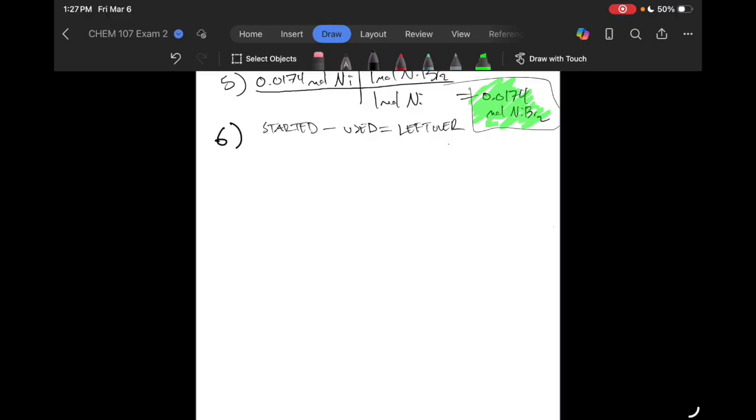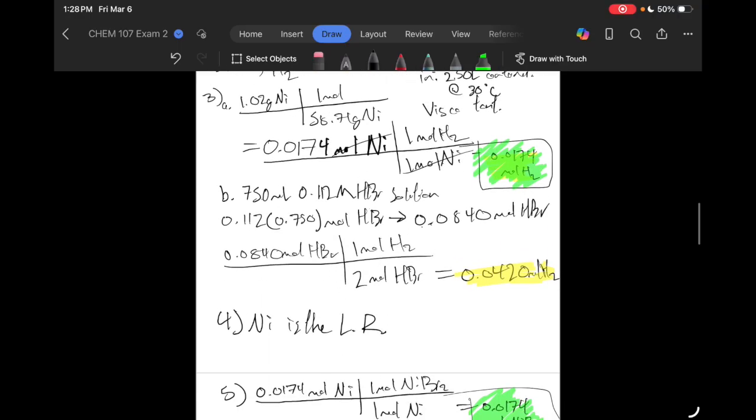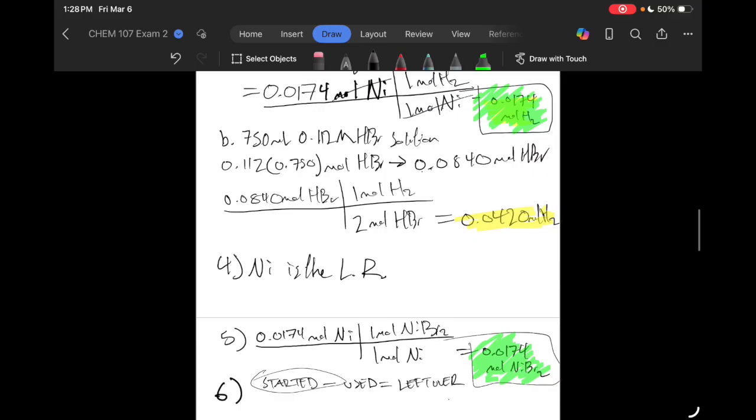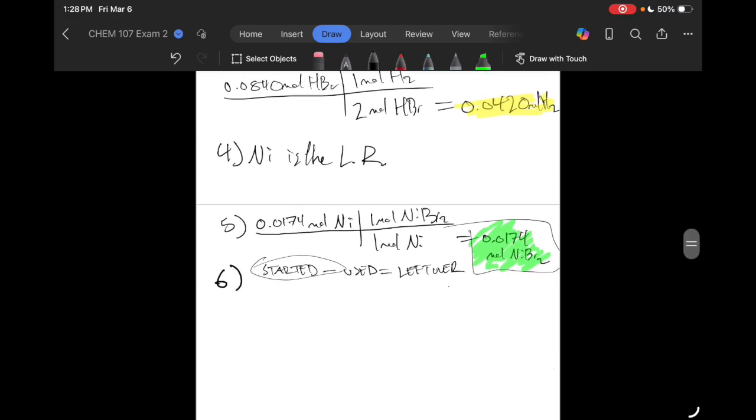So we know how much we started with, so how do we know how much we used? We know this number that was given to us right here, 750 milliliters of an HBr solution, and we converted that to this amount of moles of HBr. So we need to find how much we used.